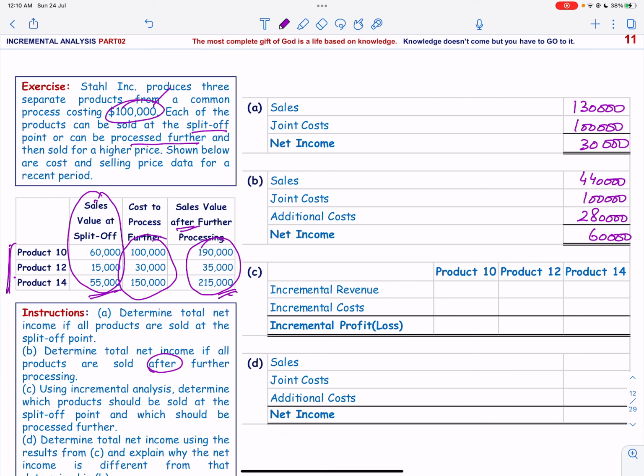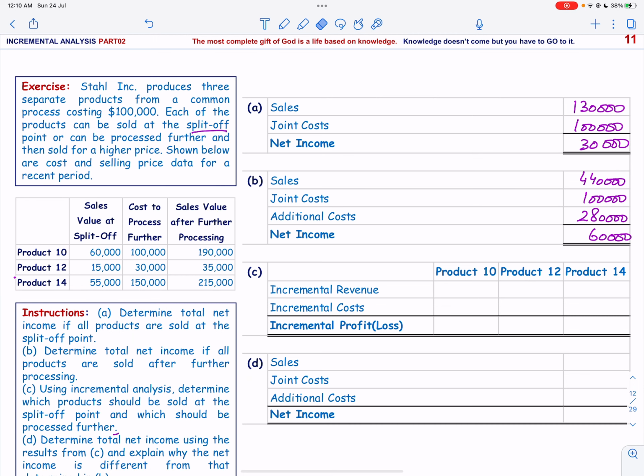Now, using incremental analysis, determine which product should be sold at a split off point and which should be processed further. So the incremental revenue, if we sell product 10, will be 130,000.